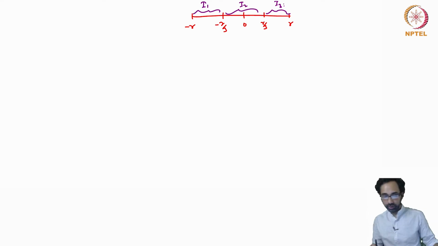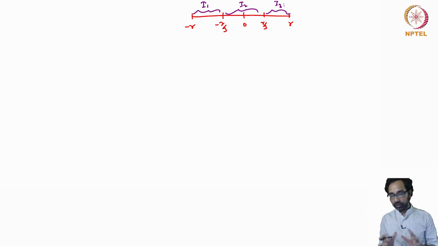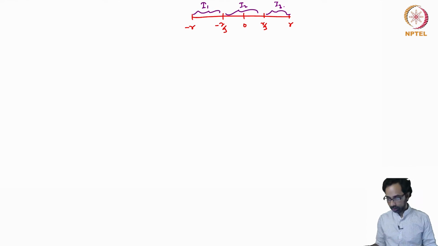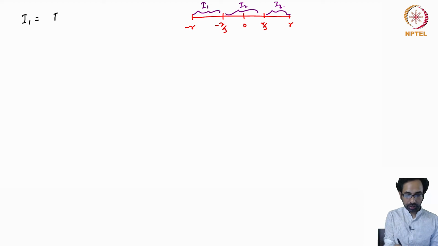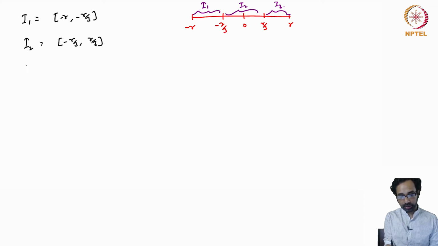So we are going to divide our image domain, rather. So we have divided our image subset [-r, r] in 3 parts. So we have I1 equal to [-r, -r/3], I2 is [-r/3, r/3], and I3 is [r/3, r].